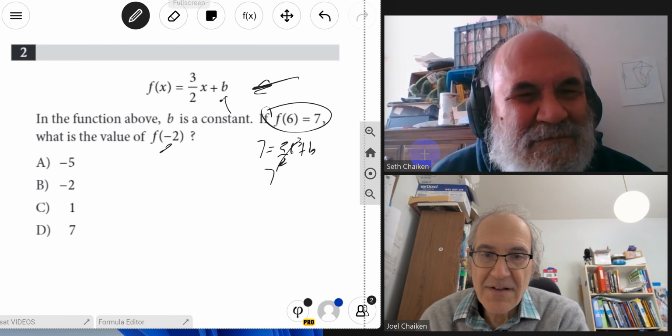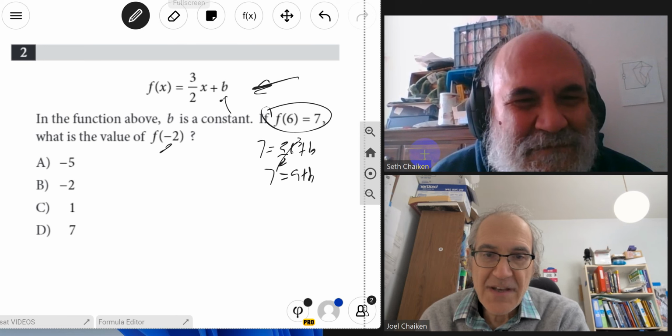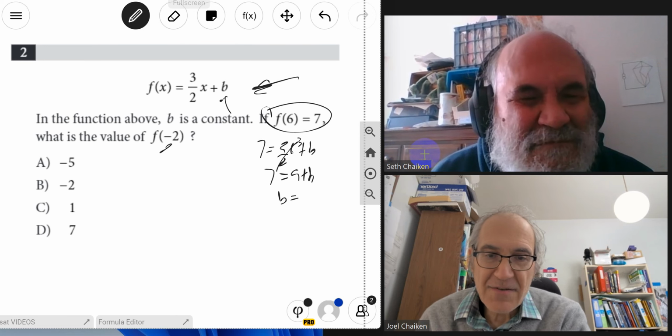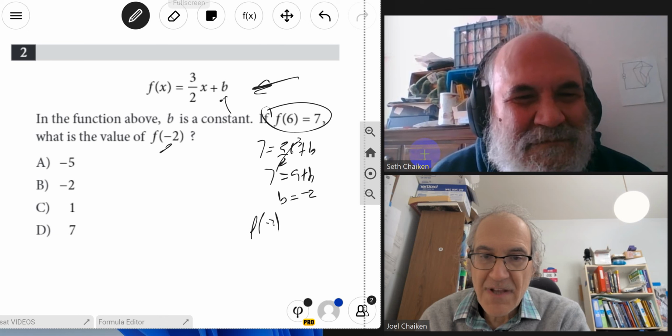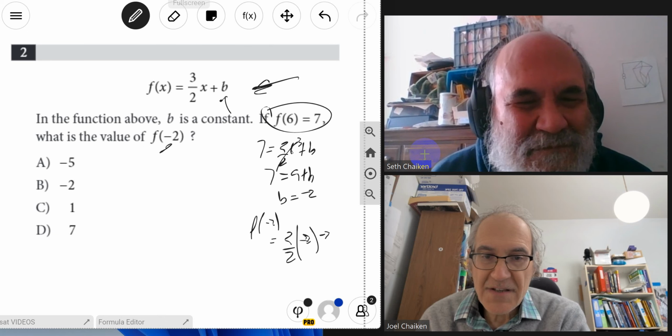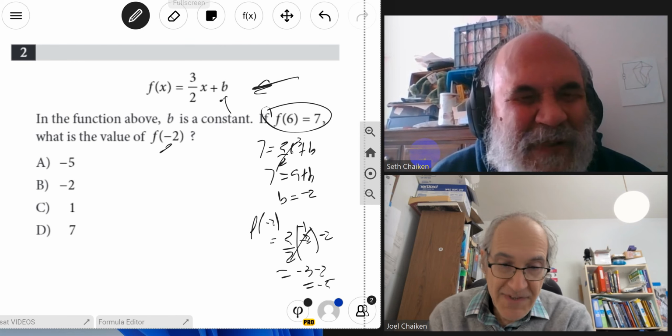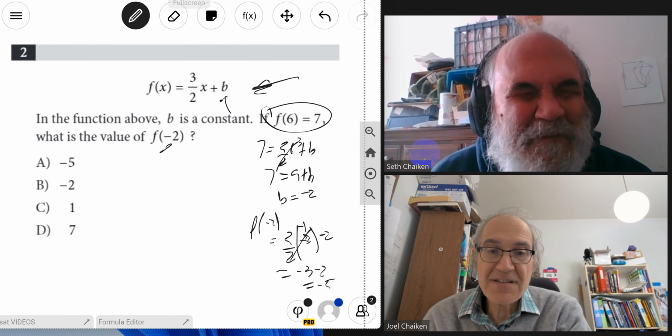These cancel. 7 equals 9 plus b. You can see that b equals negative 2. And then f of negative 2 is 3 over 2 times negative 2, minus 2. These cancel. You get negative 3, minus 2 is negative 5, and that's the answer. If you wanted this done slower, watch yesterday's video.